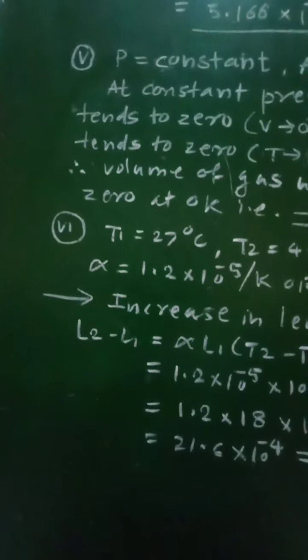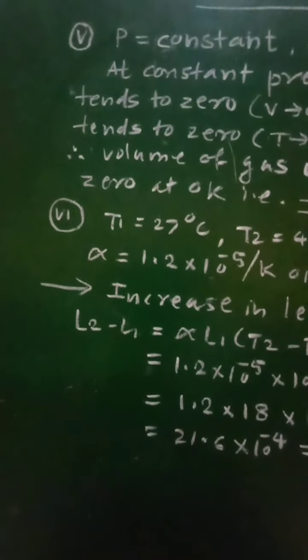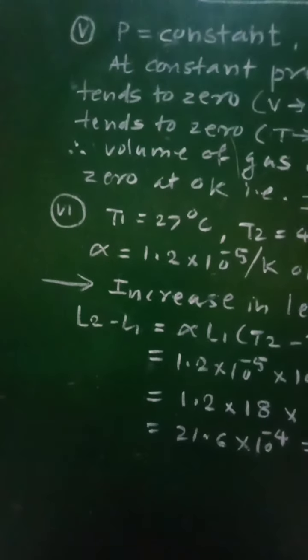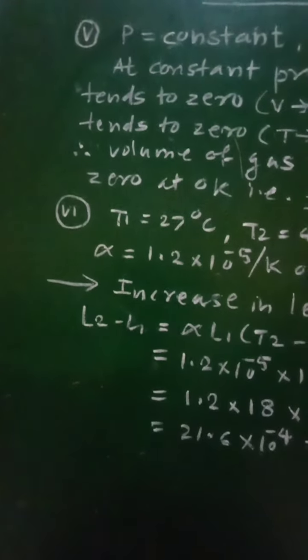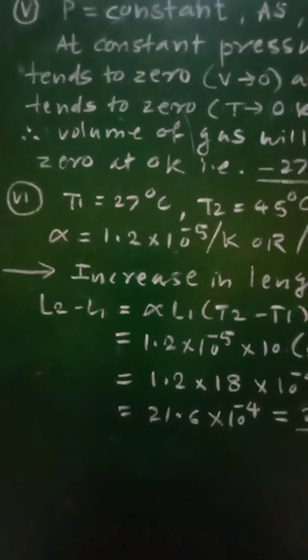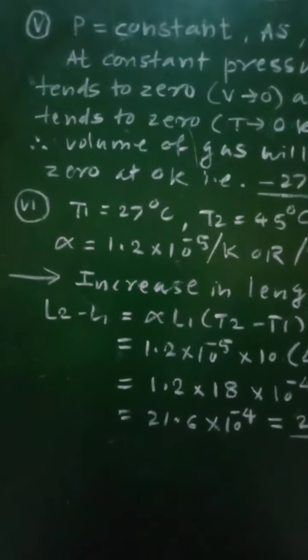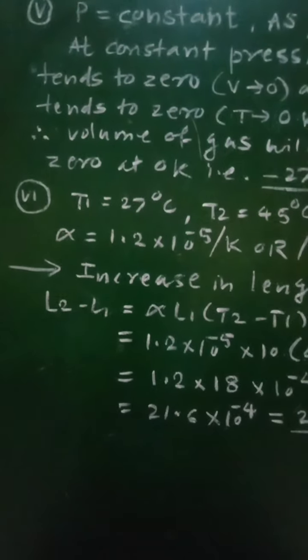If the maximum temperature in the region is 45 degrees Celsius and the length of each rail section is 10 meter, what should be the gap left, given that alpha, the coefficient of linear expansion, is 1.2 into 10 raised to minus 5 per Kelvin for the material of the rail section.